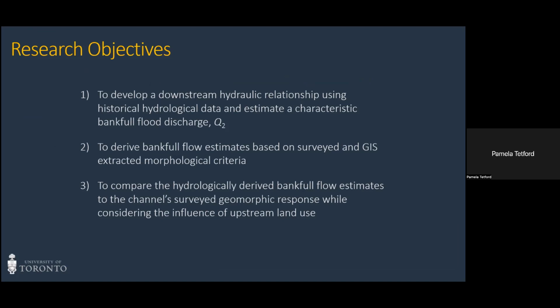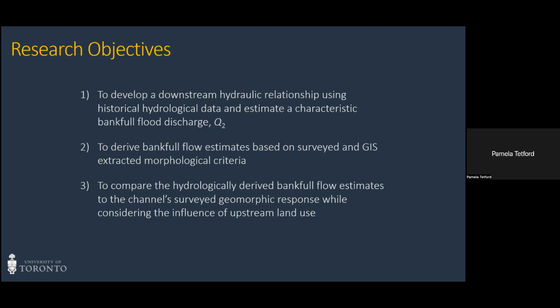Then secondly, we want to derive bankfull flow estimates based on surveyed channels. This takes into account channels that are actually physically surveyed in the field, and then boundary conditions that are extracted through GIS files to incorporate all of the morphological criteria that's necessary.